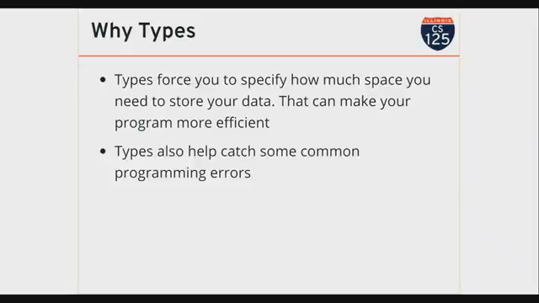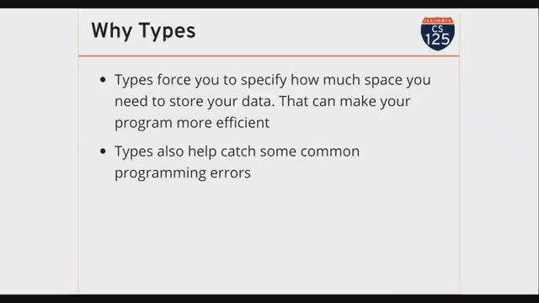The types also allow you to correct common programming mistakes, and this is the biggest reason that we have types in Java. We'll talk about this more as the semester goes on, but when Java compiles and tries to run your code, being specific about what types you're using allows the compiler, which is the first step that runs when you execute Java code, to find problems for you.